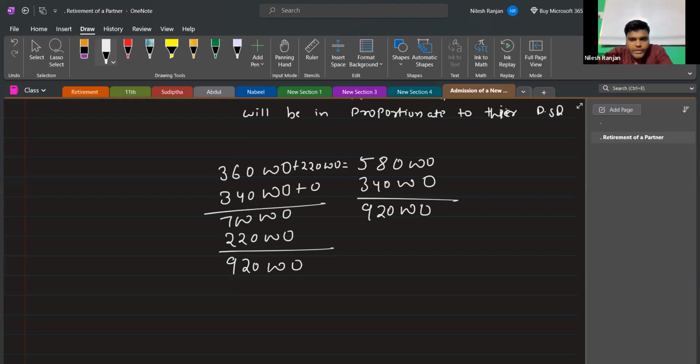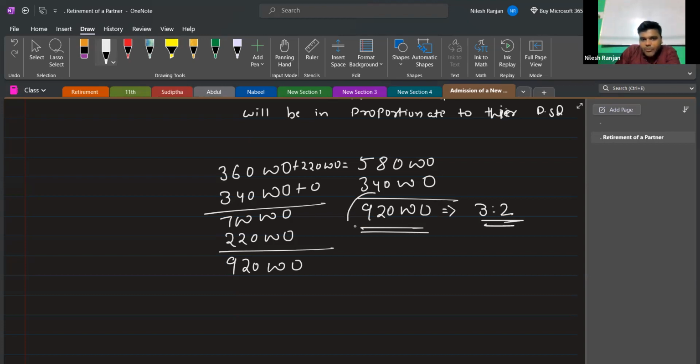So there is no effect on the total amount by whoever is bringing cash. So 9,20,000 will be total capital, and then you will distribute this 9,20,000 in 3:2.